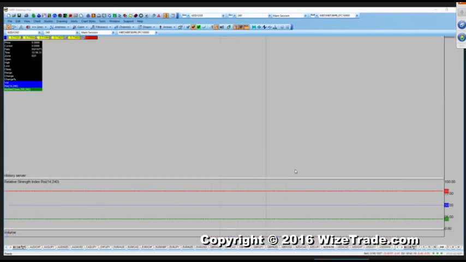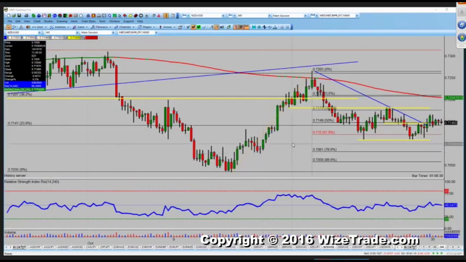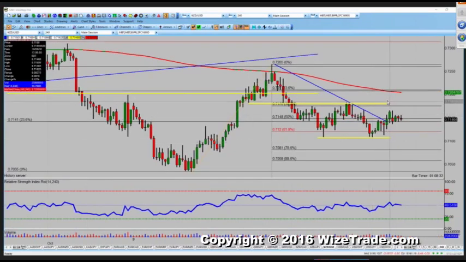Okay, let's take a look at the Kiwi. So here's the Kiwi stuck in the middle with you. We're stuck between there and there. I think it would be best to let us break below there, or break above there.